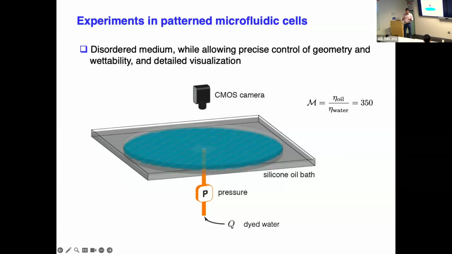It is really sub-micron precision. And you can visualize that. So there are some trade-offs, some limitations. It's not three-dimensional. It's not like a rock, right? But it gives you a lot of flexibility to zoom in and understand what's happening.